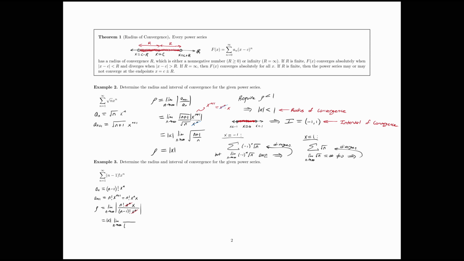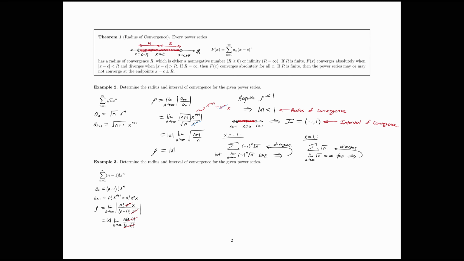Furthermore, this n factorial term, I can write n factorial as n times n minus 1 factorial. The reason why we would want to do that is because we really would like to cancel out the factorials. So there we go.